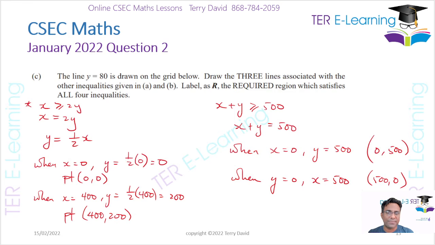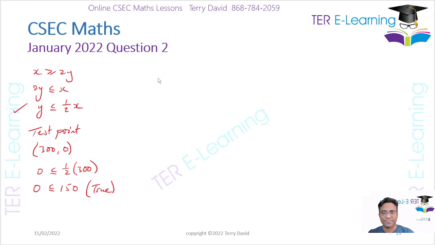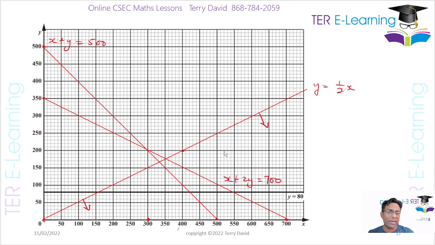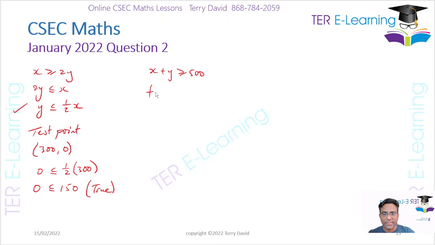The next one now: x plus y greater than or equal to 500. I need to select a test point. You can choose any point you want above or below the line. I'm going to use 0, 0 as my test point. That's a good test point. So let's plug that into my inequality. 0 plus 0 greater than or equal to 500, so 0 greater than or equal to 500.